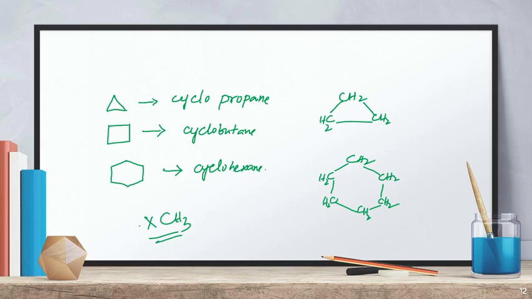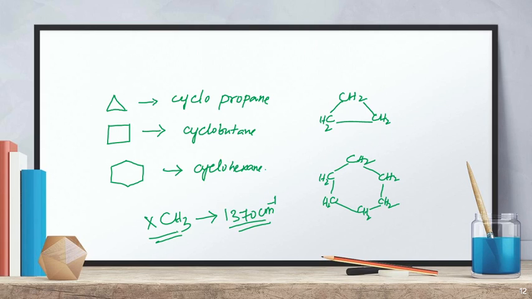For the identification of CH3 unit in the spectrum, which one is the characteristic peak? 1370 peak. So if at all the 1370 peak is absent, then it may be a cycloalkane. Generally alkanes are supposed to give the methyl peak, the peak which is responsible for the methyl group.